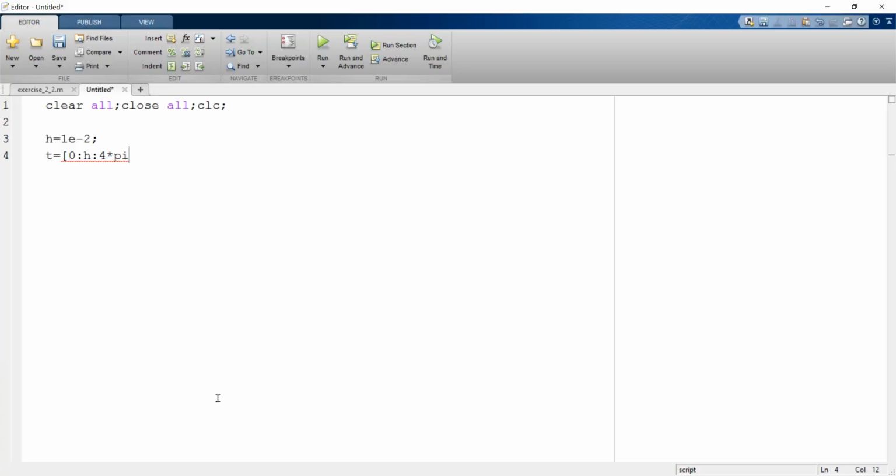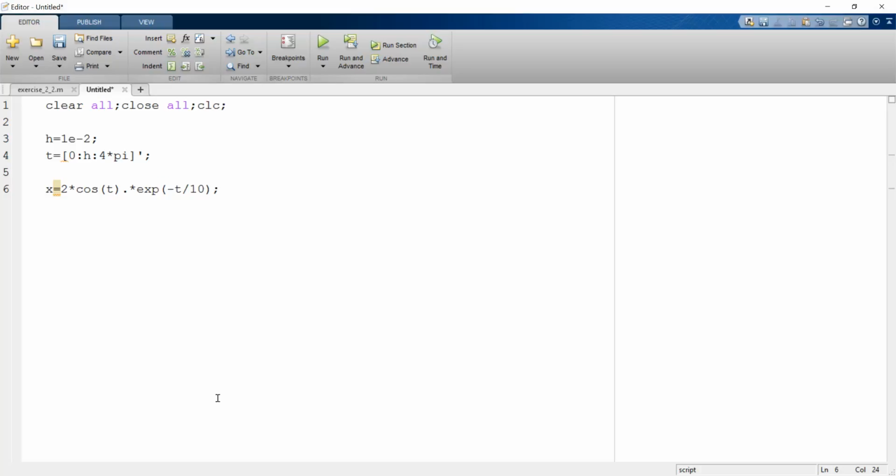So this is my vector time. You can do transpose to get a column vector. x is equal to 2 times cosine t, dot product with exponential minus t divided by 10.